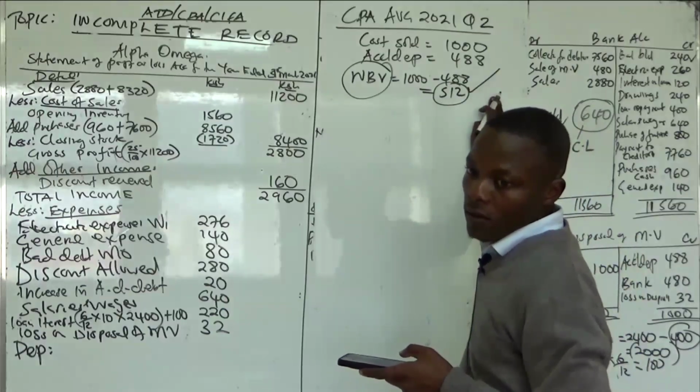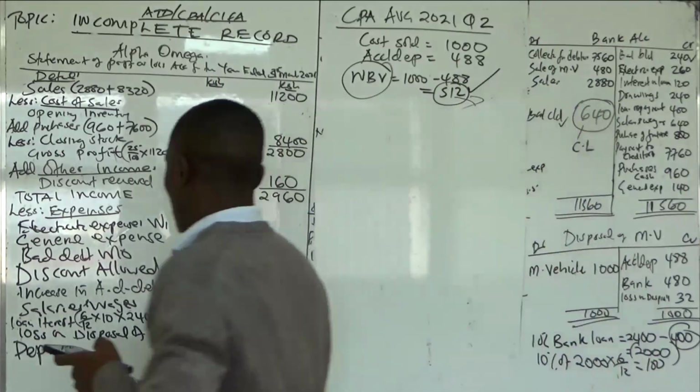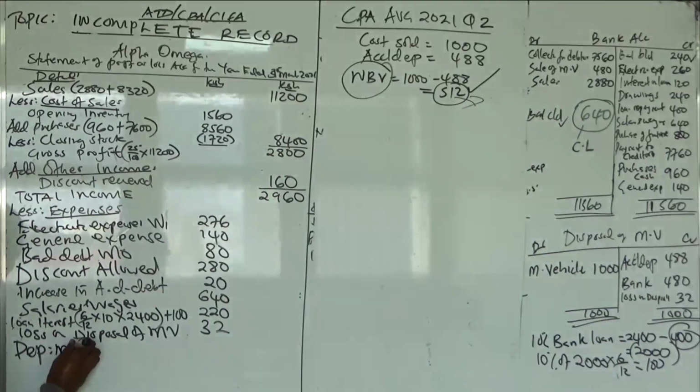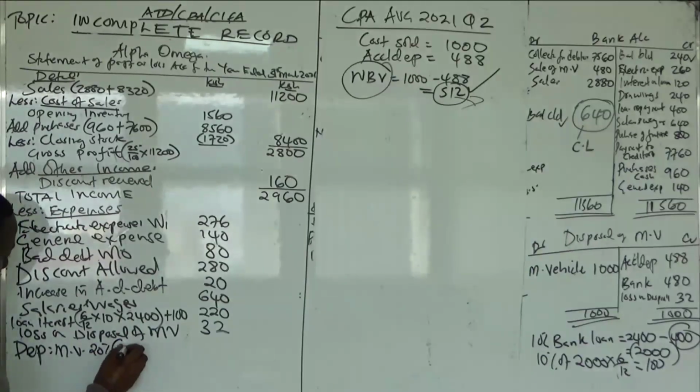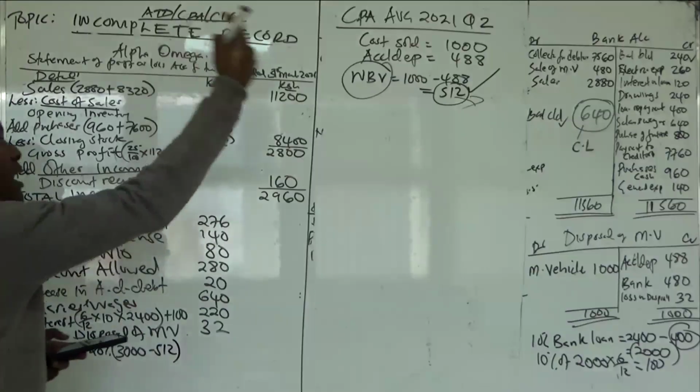So this is what will reduce the first cost. So for motor vehicle you say 20% in brackets, you take 3,000 minus 512. That is what will go out.